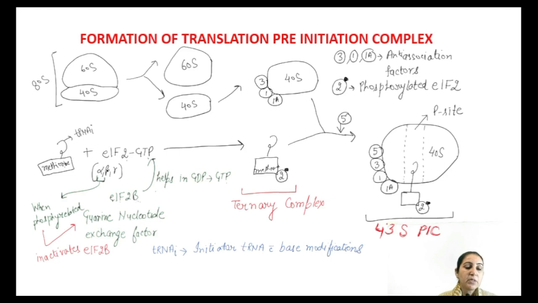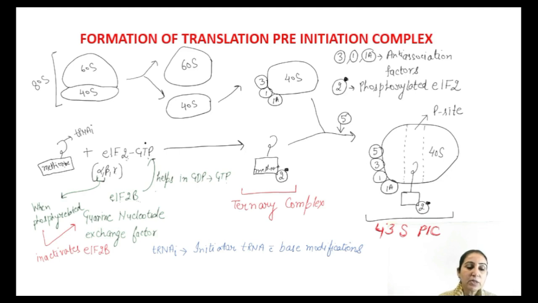So let's see what the structure of eIF2, or initiation factor 2, is. It has three subunits actually: alpha, beta and gamma. These two, alpha and beta, when phosphorylated, actually inactivate the initiation factor 2B. So when these are phosphorylated, this 2B is not able to act here.